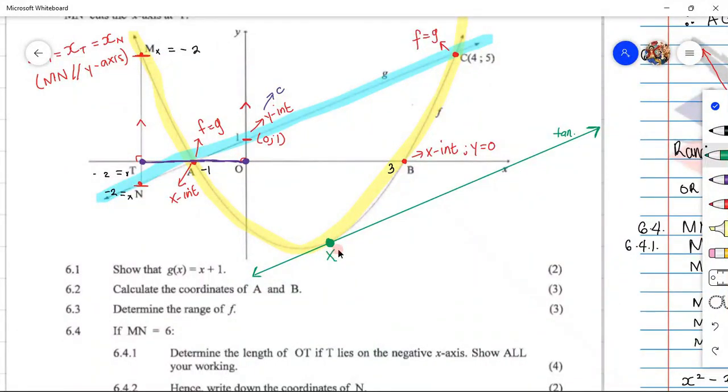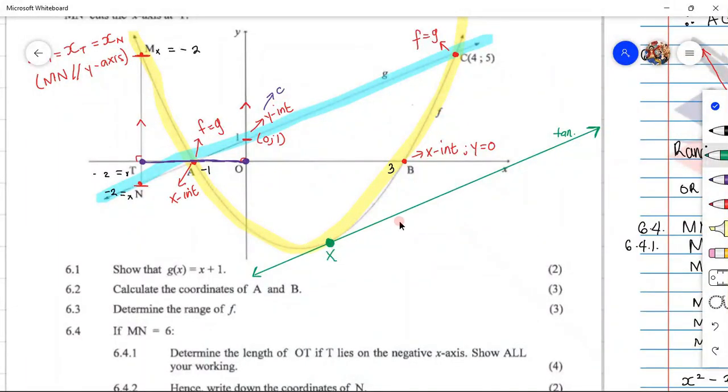So just as normal straight lines, if we want to find the equation of a straight line, we need two things. We need either the c value and our gradient, or we need a random coordinate and our gradient.